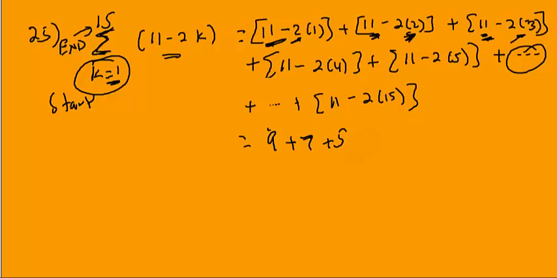It looks like it's going down by 2, so if you keep going, the next one is 3, then 1, then negative 1, then negative 3, then negative 5, so on and so forth, until the very last one, which is 11 minus 30, and that gives us negative 19.